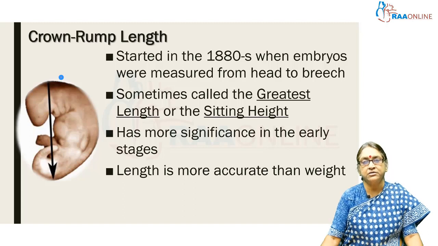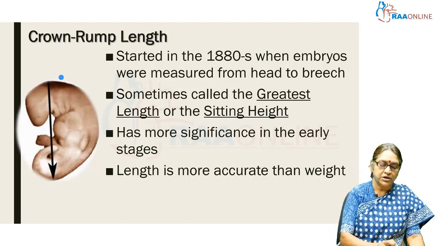The method of measuring CRL started sometime in the 1880s, and the embryos were then measured from the head region to the breech region.